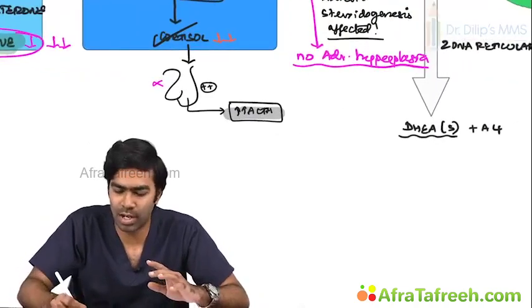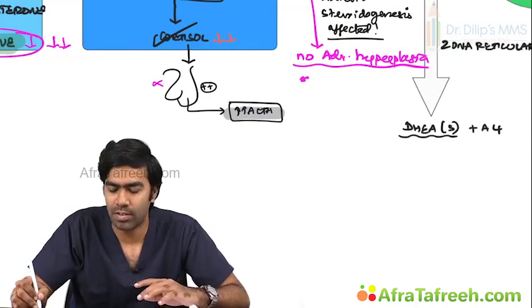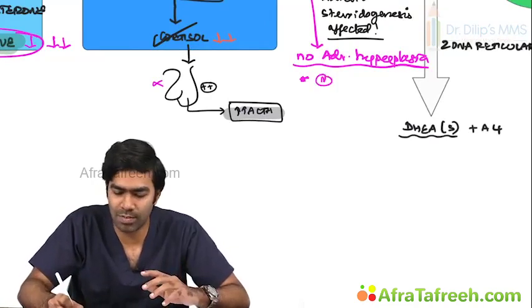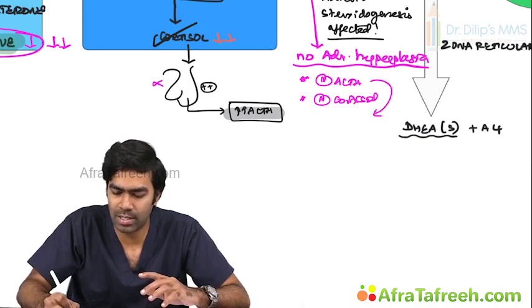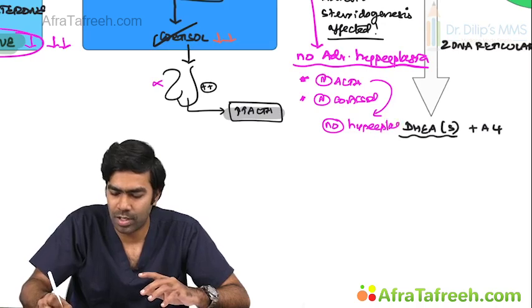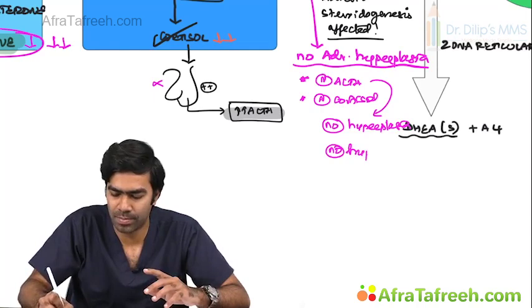So these patients will not have adrenal hyperplasia, and they will not have excessive ACTH, which means they will have normal ACTH because they have normal cortisol, there will be no hyperplasia of the adrenal gland, and because they have normal ACTH, there will be no hyperpigmentation as well.